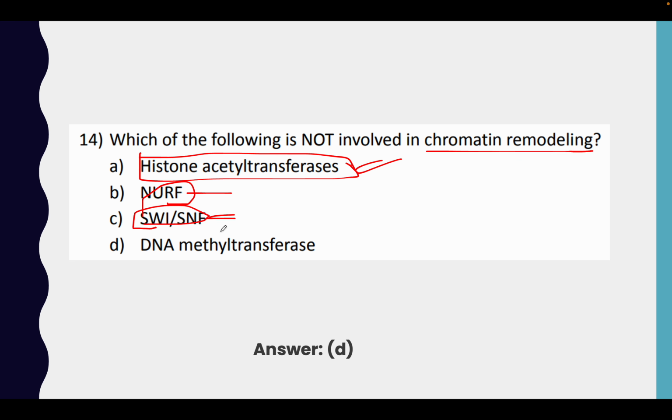It also alters chromatin structure by sliding nucleosomes along the DNA strand, thus regulating gene expression by making genes more accessible to transcription factors. Okay, it is nucleosome remodeling factor. So everything is involved in chromatin remodeling except DNA methyl transferase.